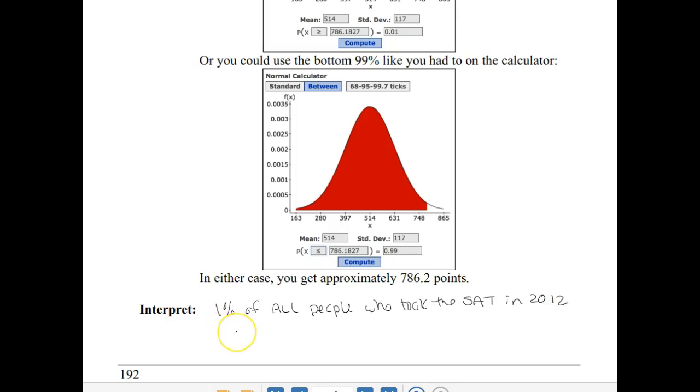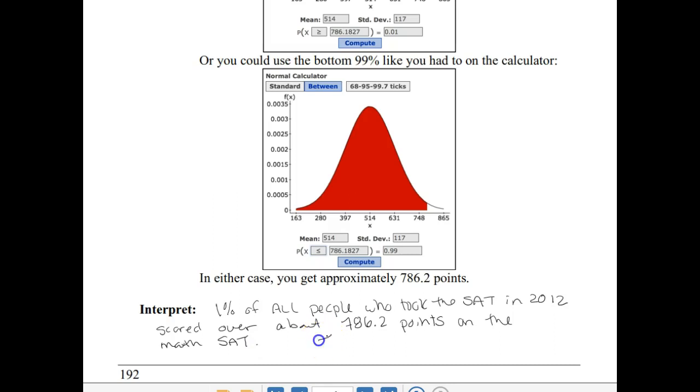So 1% of all people who took the SAT in 2012 scored over about 786.2 points on the mathematics portion of the SAT exam.